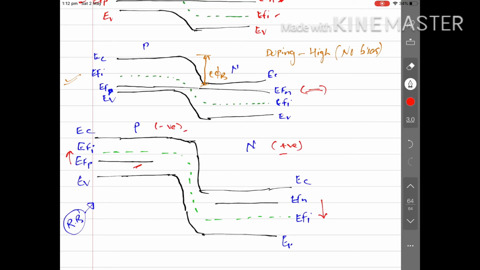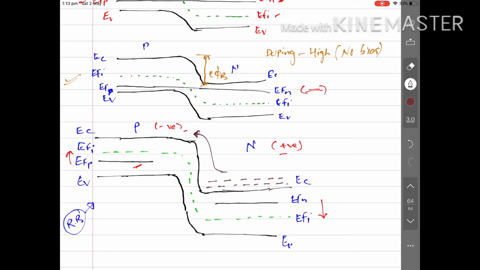So now here we have in N-type, in the conduction band, free electrons, right? So the movement of electrons from the conduction band of the N side to the P side is not possible.